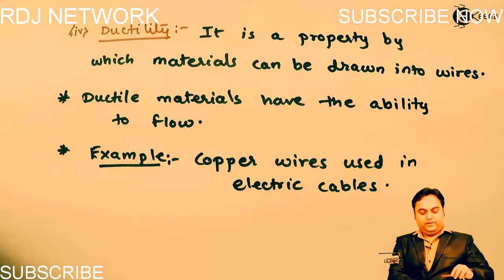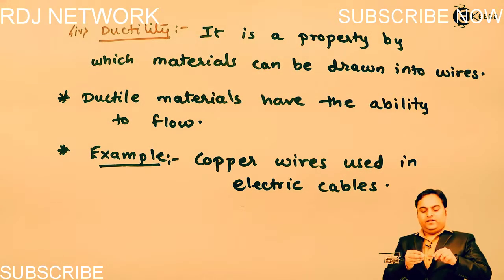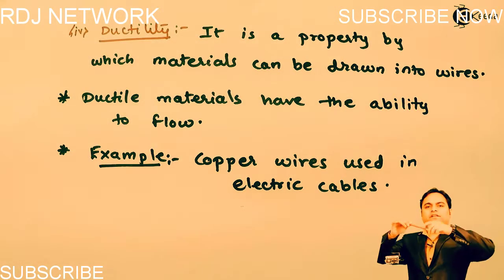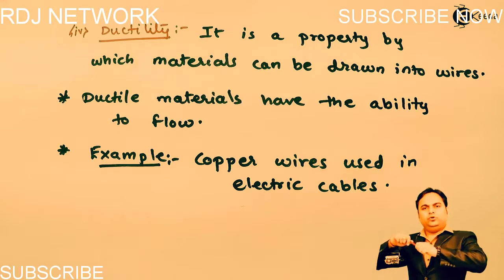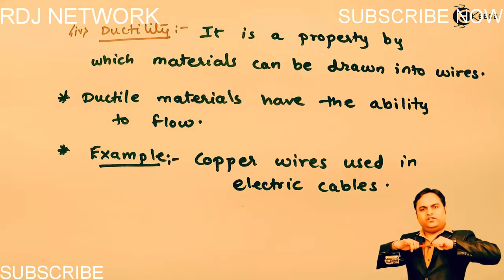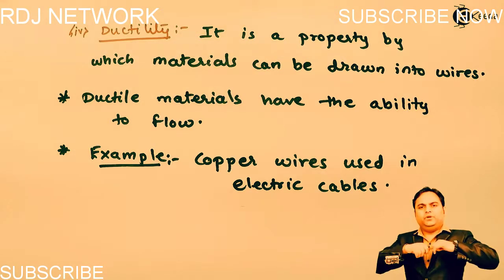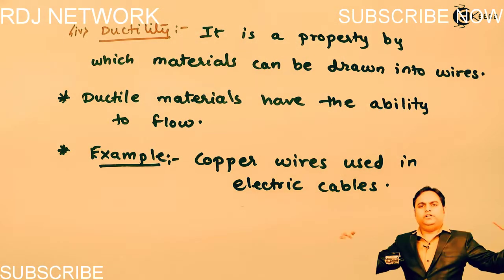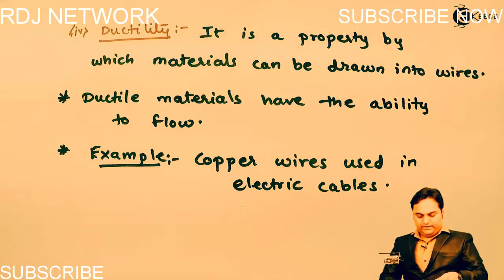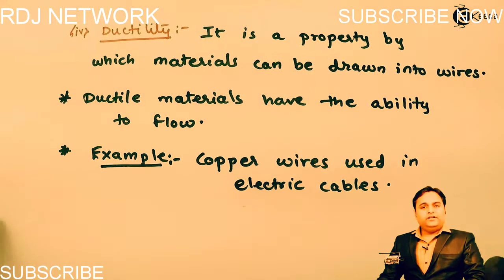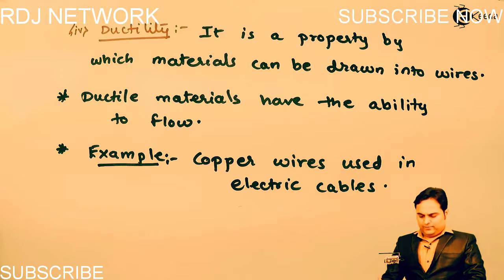Like for example, this pen, if it is made up of ductile material, when I apply the load here, this pen will change its shape, and the more tension I apply, as I pull this material, it will get elongated and converted into wires. So again, ductility is a very important mechanical property.